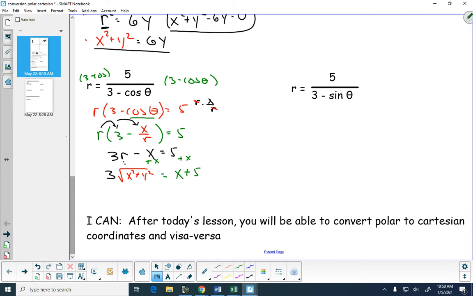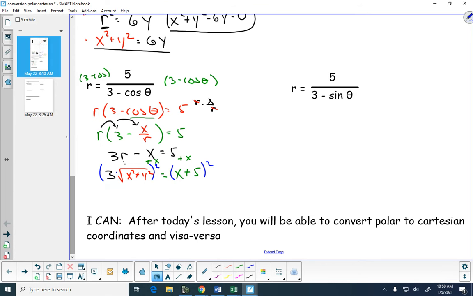Once again, this gets a little bit messy to deal with. We can just leave it in this form with the radical there, but typically that's not acceptable. So we can square both sides.